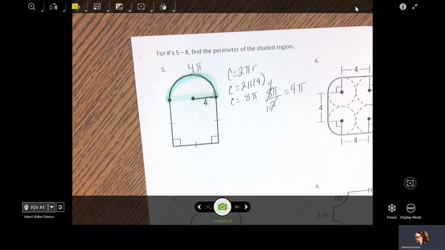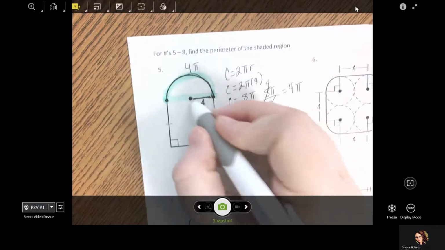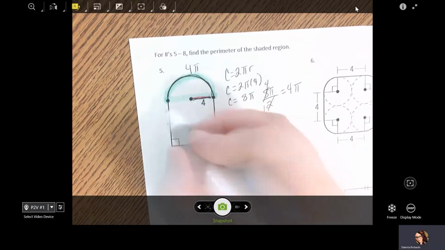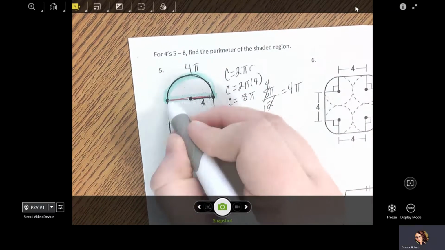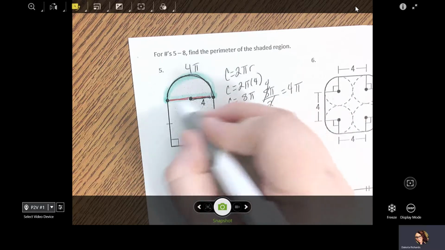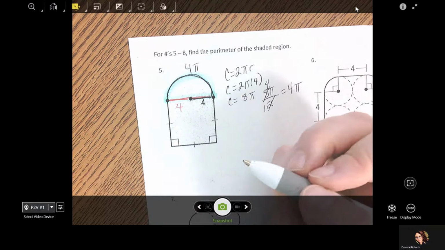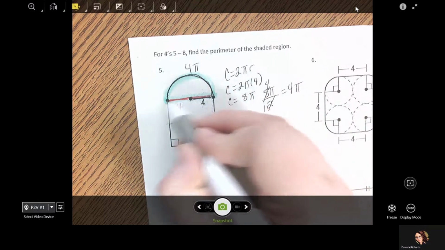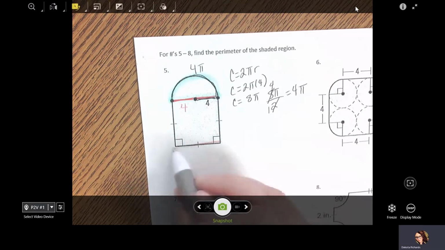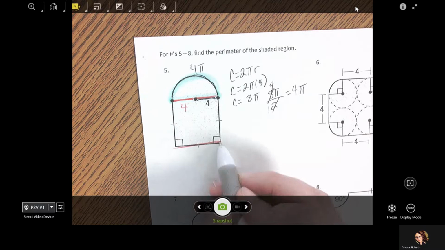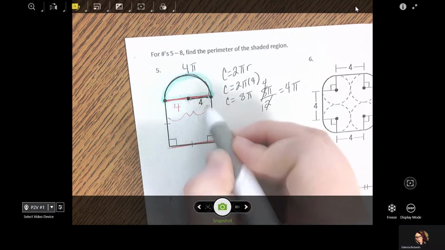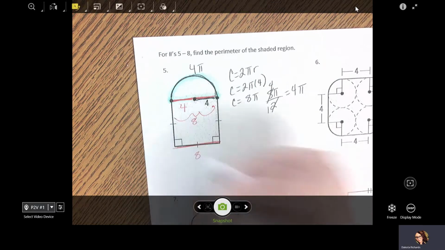Now, okay, so we have to figure out the rest. If this is the radius and it's 4, what is this side right here? That's also a radius, right? So that's 4 units. This side and this side are the same. So that is 8. So this is 8.